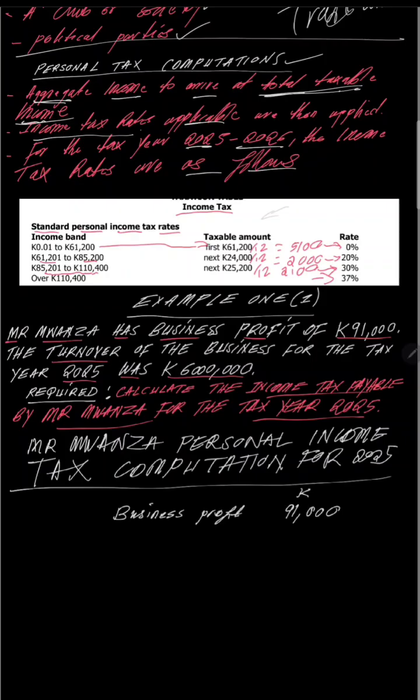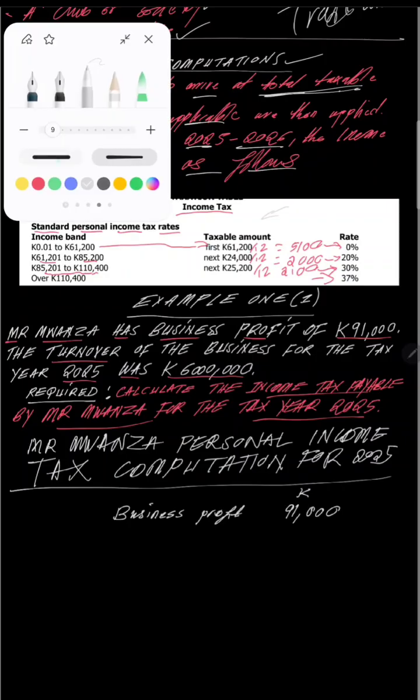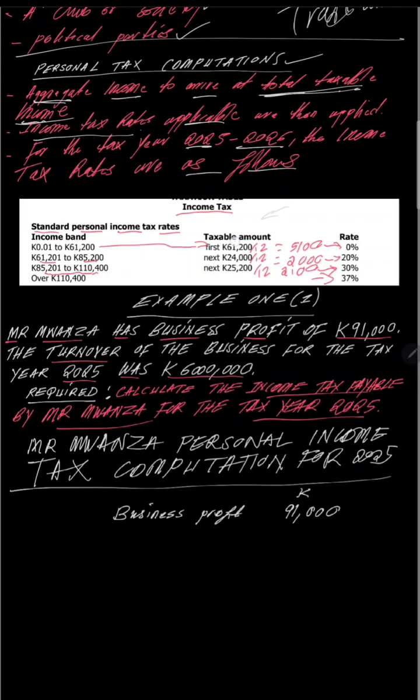You need to consider whether you're finding the income tax for a month or for a particular year. In this example, we are looking at the tax year 2025, so our focus is going to be on the annual bands. The annual bands are such that the first 61,200 is charged at zero. If it's charged at zero, it means that it is a tax-free amount.